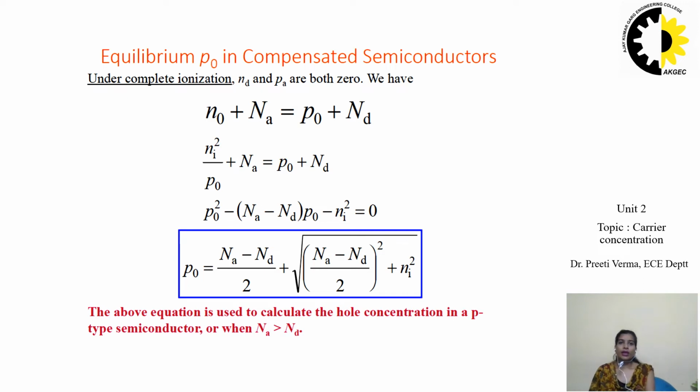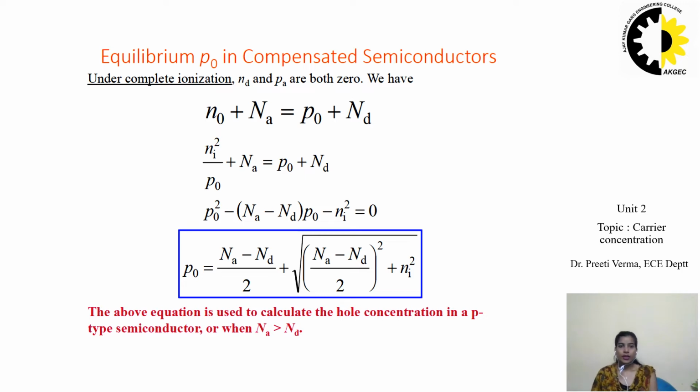So we have calculated the equilibrium N naught concentration for a compensated semiconductor. Now we will be calculating it for the hole concentration for the same compensated semiconductor. Under complete ionization, Nd plus and Na minus are both fully ionized, so we have N naught plus Na is equal to P naught plus Nd. Ni square upon P naught plus Na is equal to P naught plus Nd.